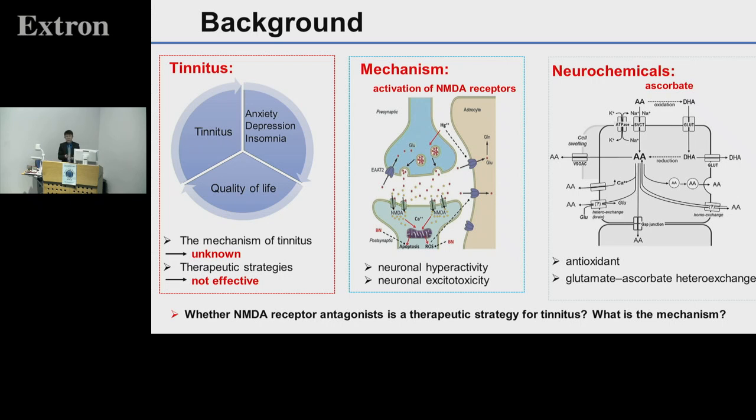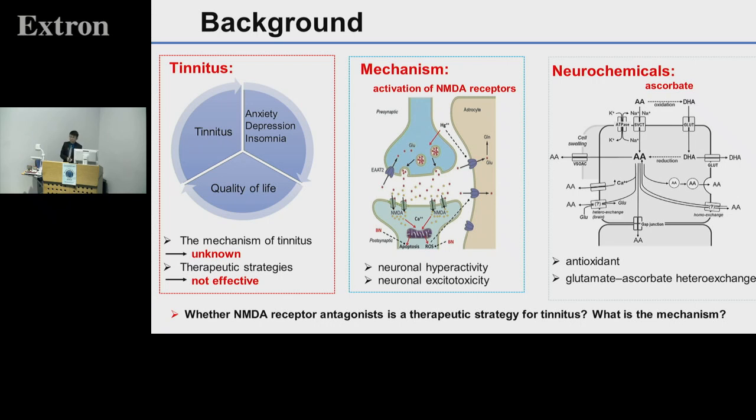There are many hypotheses, and one of them may be that the activation of NMDA receptors will cause neuronal hyperactivity and neuronal excitotoxicity. But we would like to know what is going to happen during the tinnitus procedure. We would like to know the neuroactivity, the neurotransmitter glutamate, and also another matter, which is ascorbate.